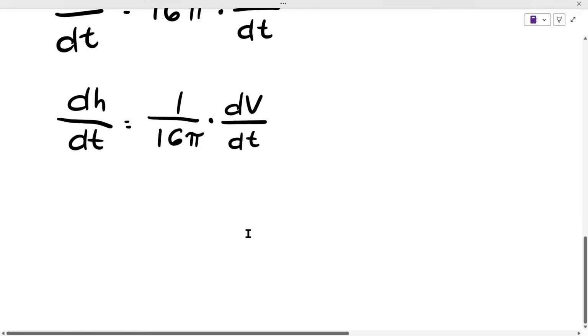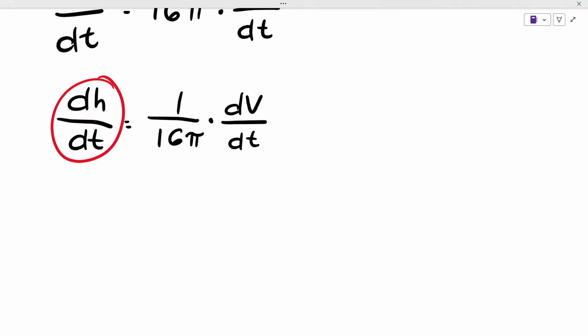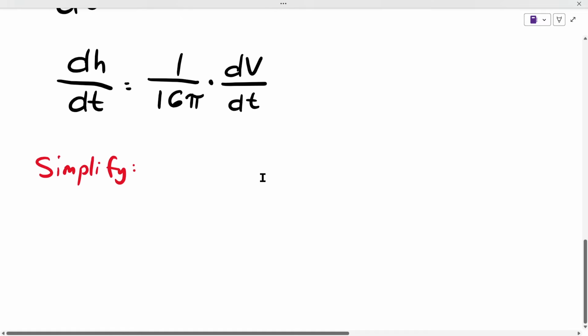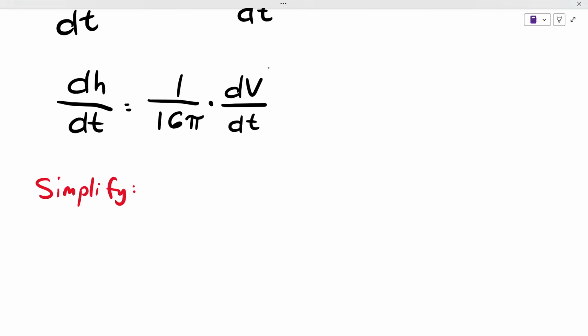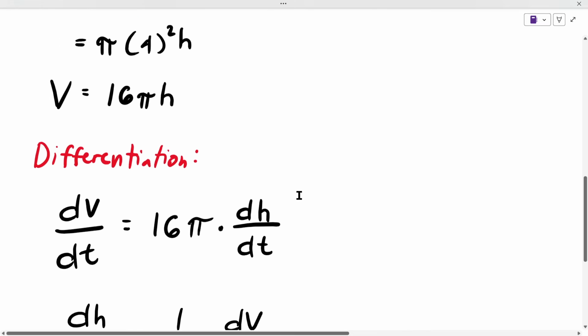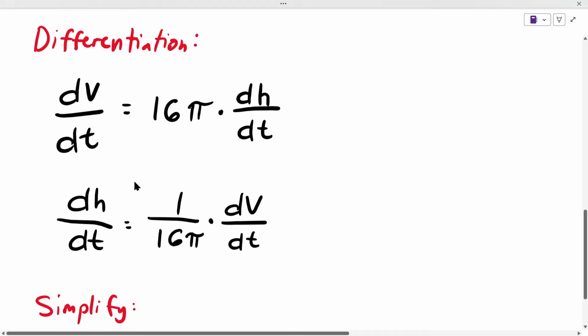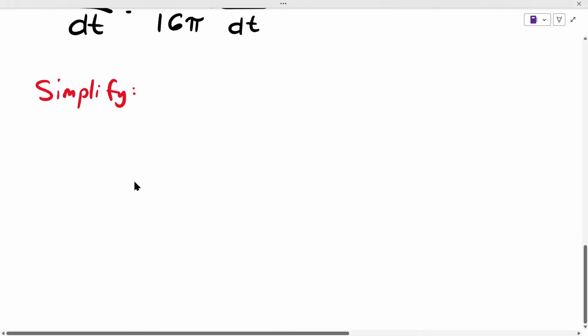Now, let's simplify in order for us to find dh over dt. We must substitute the value for dV over dt, and based on our given, dV over dt is 24 cubic feet per minute.